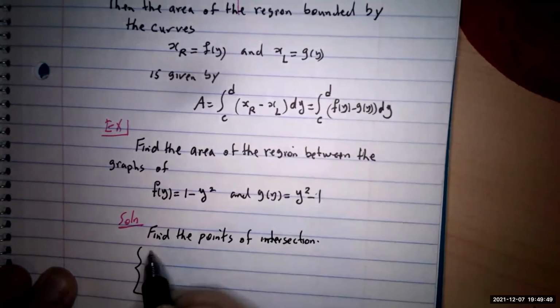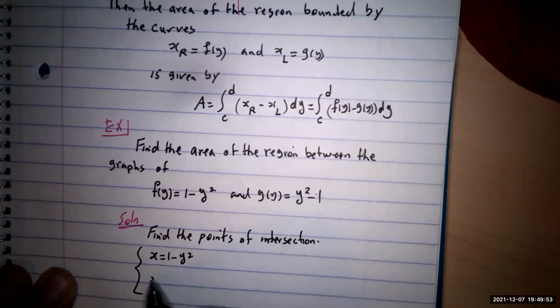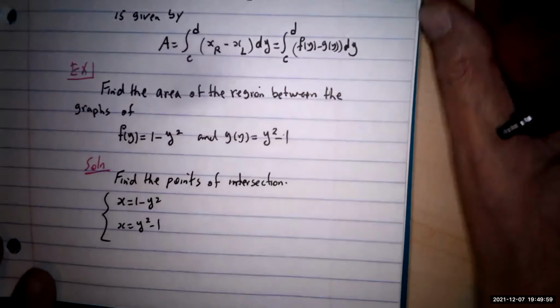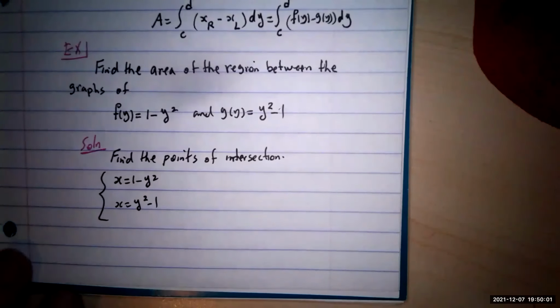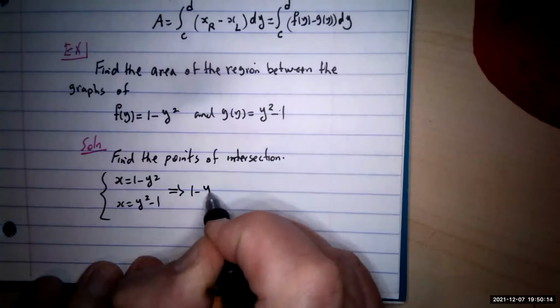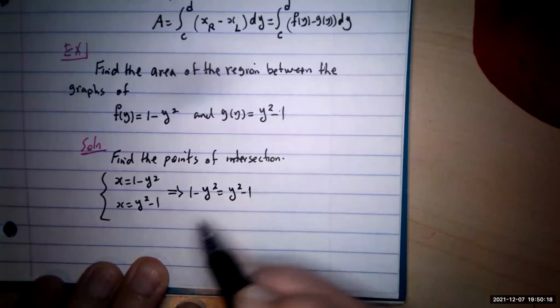Your first graph is x equal to 1 minus y squared, and the second one would be y squared minus 1. Substitution method: let the quantities be equal to each other. 1 minus y squared equal to y squared minus 1.